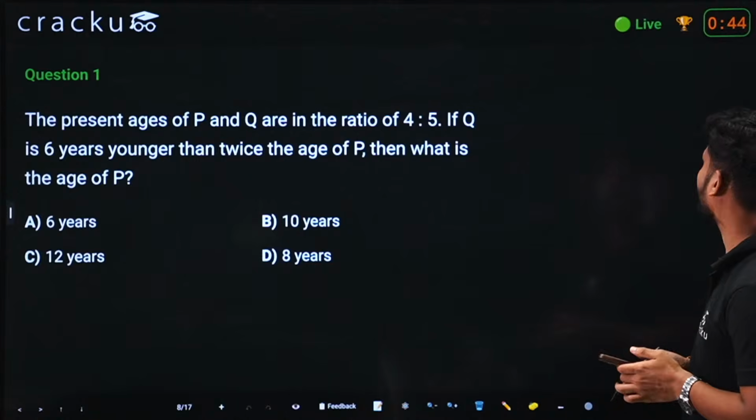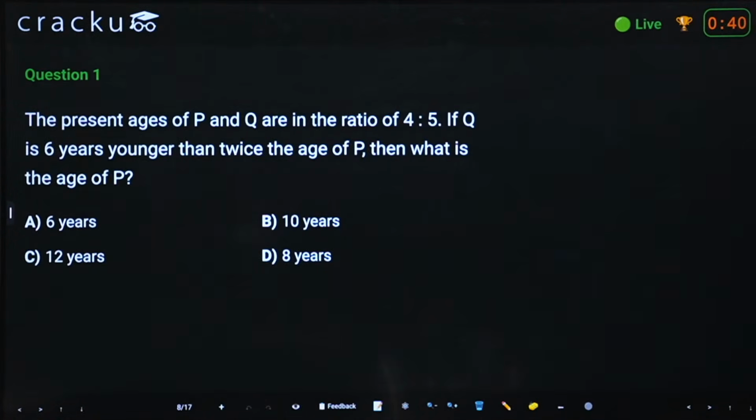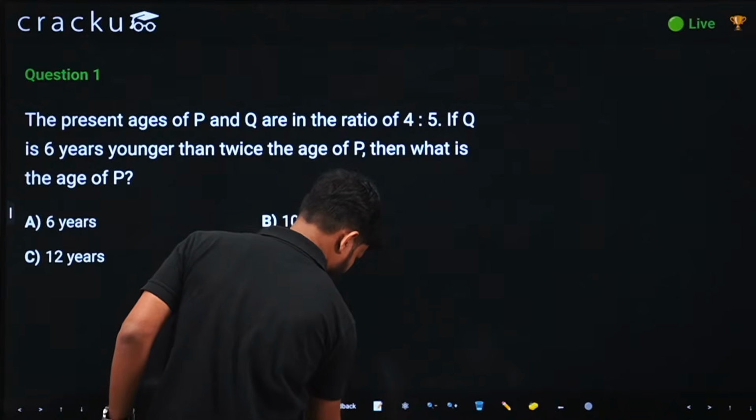If it is correct, you will get a shout out. Okay, guys, time up. If you have got the answer, you can put your answer in the chat box.